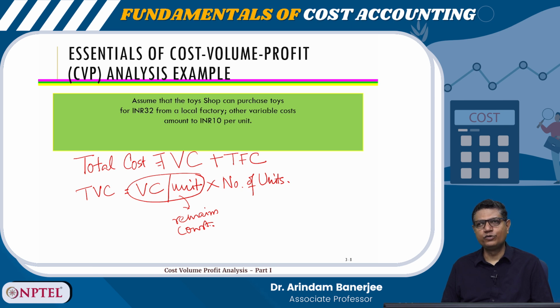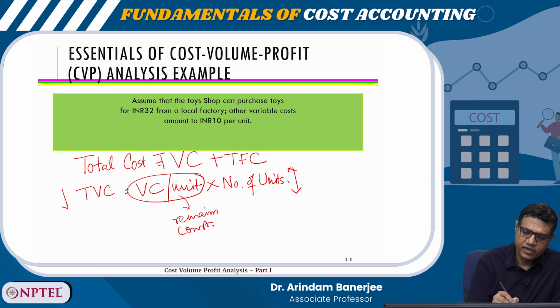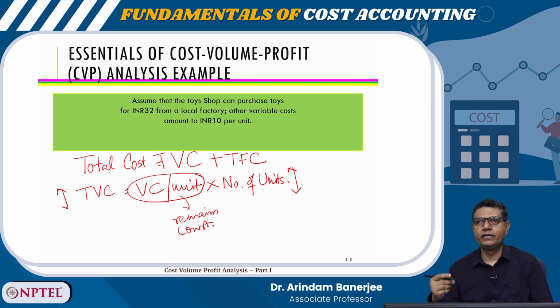If I produce 1000 units, my total variable cost will be 2000. So, if I change the number of units produced, my total variable cost will either increase or decrease. My total variable cost will be directly proportional to the number of units I am producing, but the variable cost per unit will not change, it will remain the same.